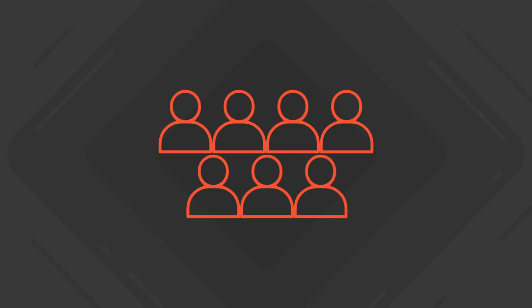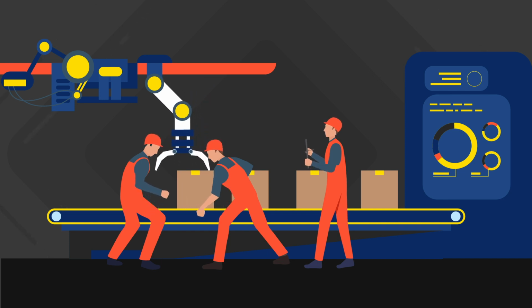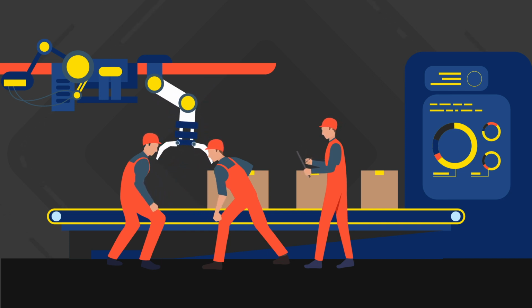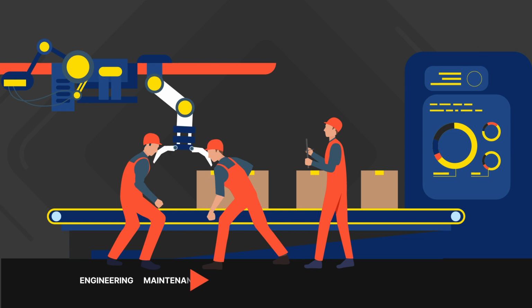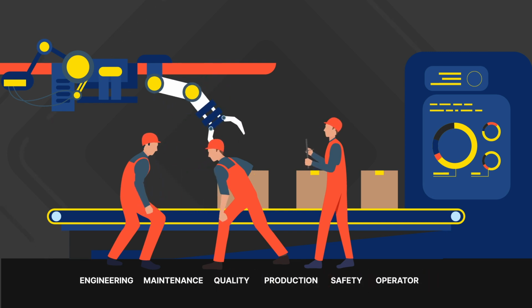In many cases, the team will consist of several members consistently. In contrast, others are likely to come and go based on their ability to contribute to the individual risk assessment. For example, a risk assessment for a production operation might include engineering, maintenance, quality, production, safety, and operator.